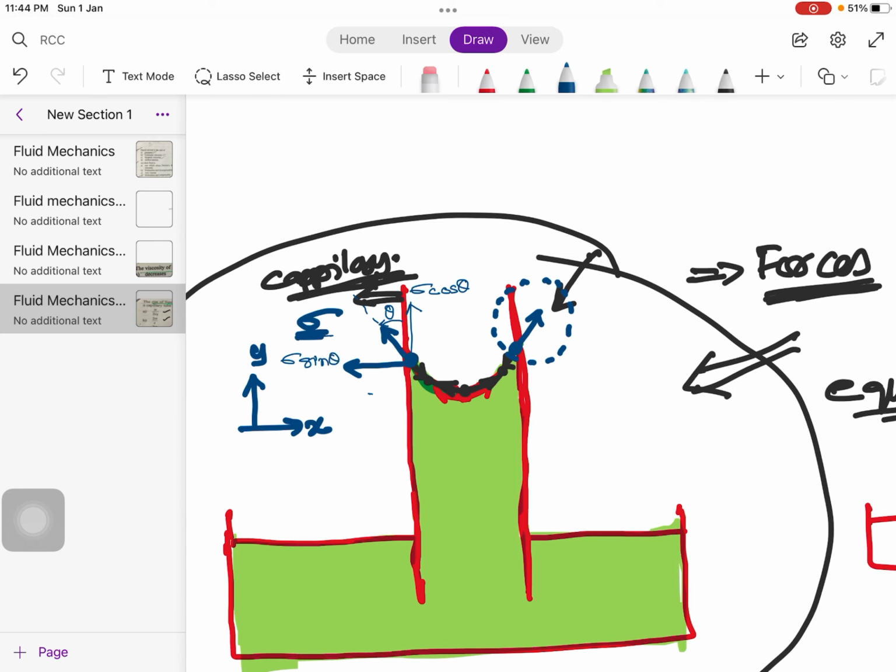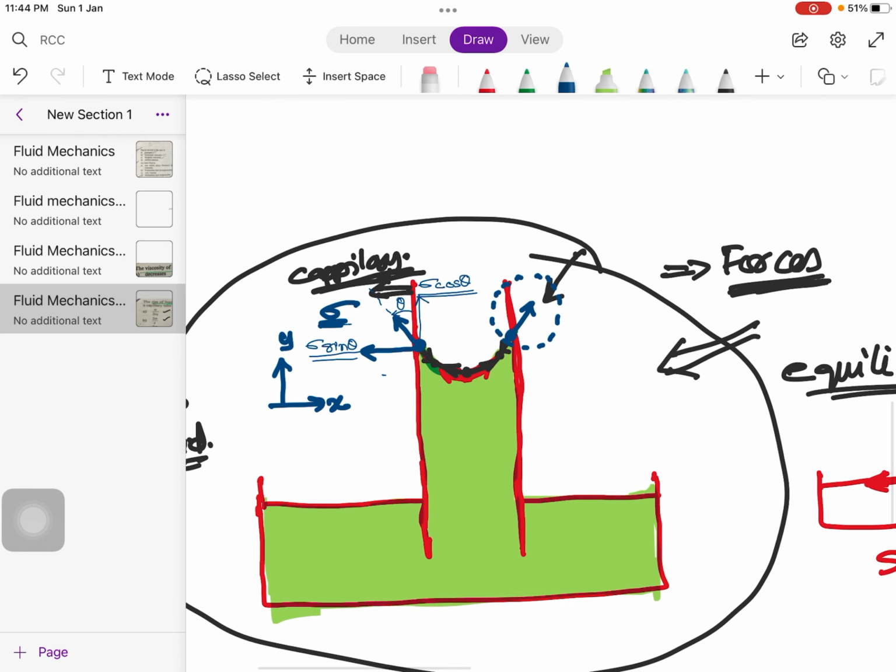The vertical component of this force is sigma cos theta and the horizontal component is sigma sine theta. This surface tension force is basically the force per unit length of the liquid surface.